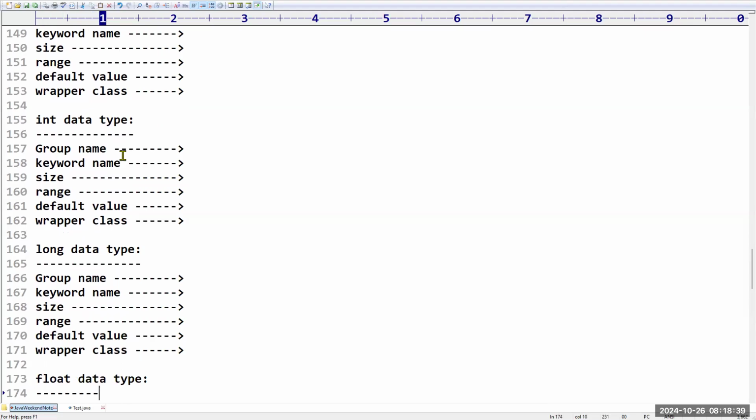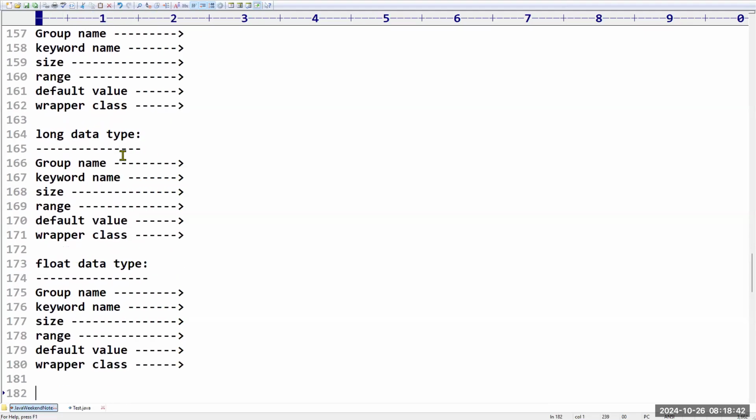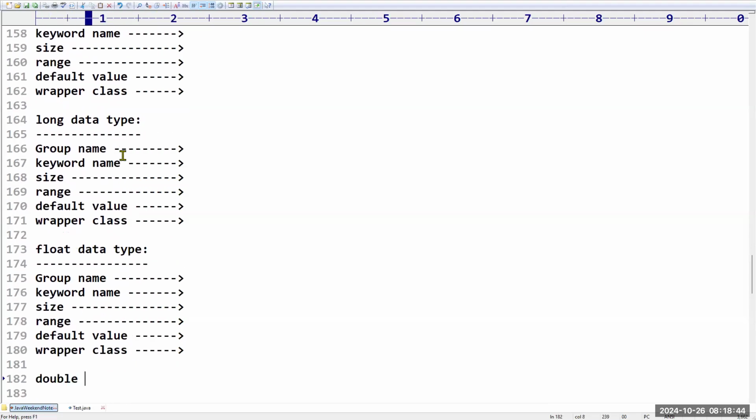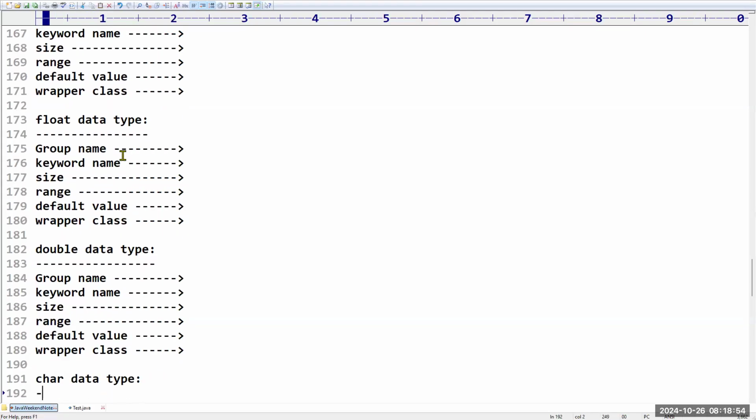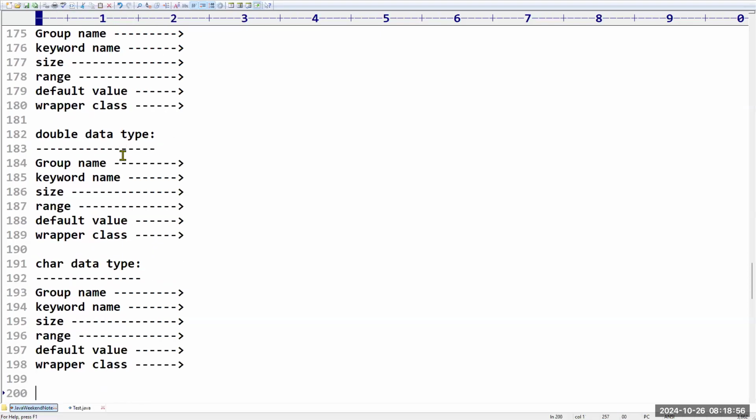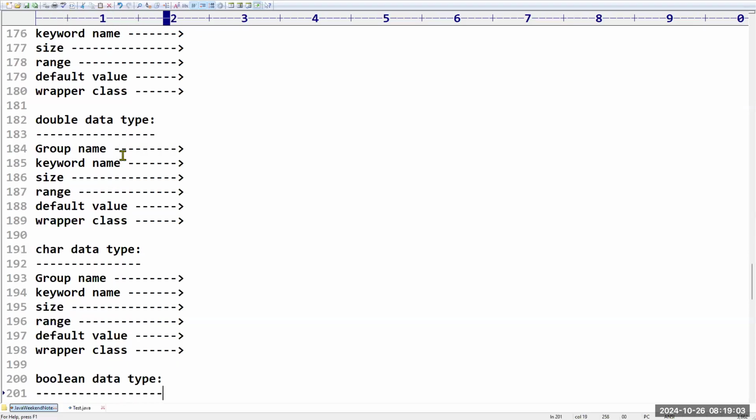We have double. We have character. And last we have Boolean. What about these values? This part we are going to see now and I will wind up.